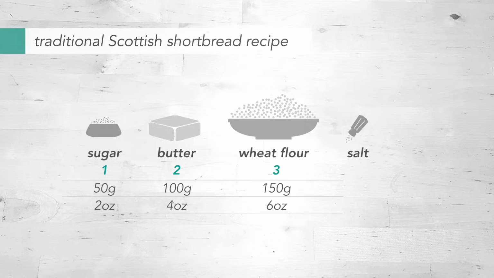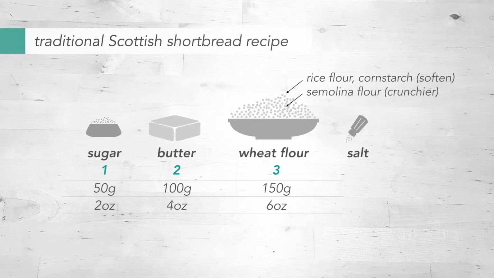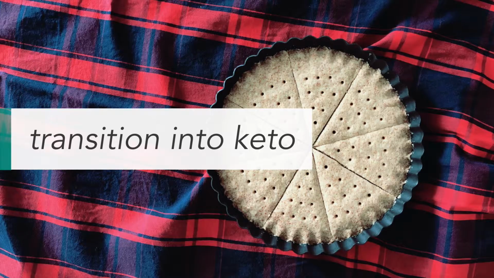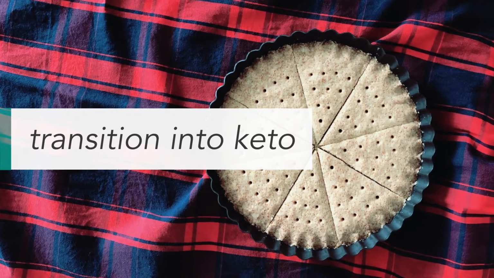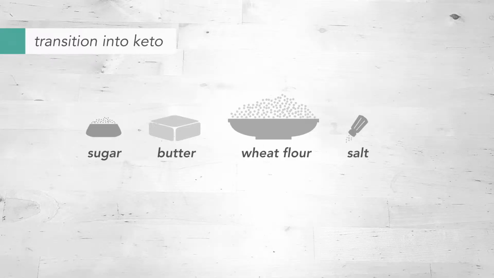In time, people added rice flour or cornstarch to make it softer, or even semolina flour to make it slightly crunchier. From a ketogenic diet point of view, a dish containing a high portion of fat is great. However, sugar and flour are both big no-nos.